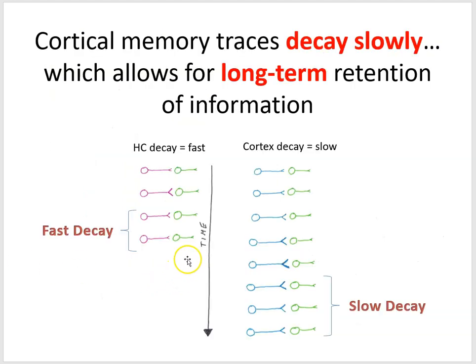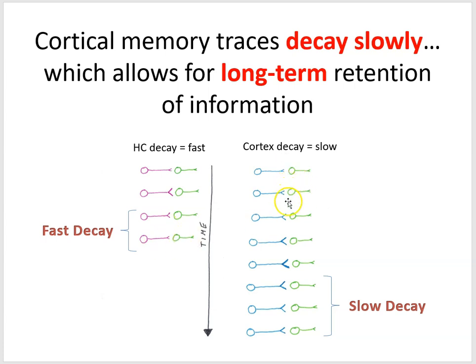And now let's take a look at the final concept here. The cortical memory traces decay slowly, which allows for long-term retention of the information. So while we covered plasticity, growth is fast in the hippocampus, but there's also a fast decay in the strength of those synapses. In fact, sleep, one of the purposes, is to weaken hippocampal synapses in preparation for new learning.